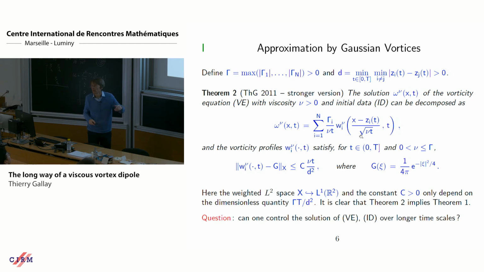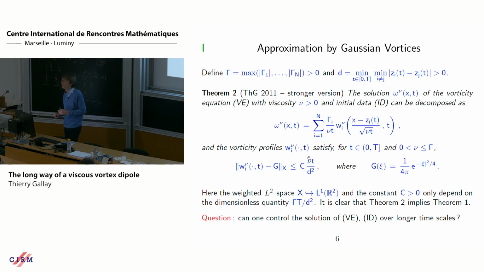So this is just a Lamb-Oseen vortex located at position z i of t, and the profile is not exactly the Gaussian. If the profile was exactly the Gaussian, this would be exactly a superposition of Lamb-Oseen vortices, but the theorem says that the self-similar profile of your vortex blob stays close to the Gaussian, and you can measure the difference.